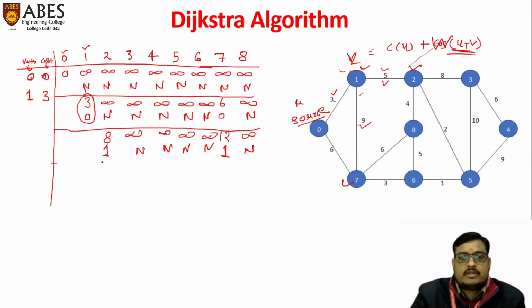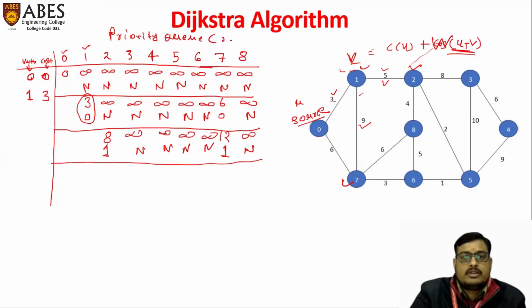Now we will extract min, because this is a min priority queue. So here we will extract min. The minimum is 8, which belongs to vertex 2. So we'll take this.